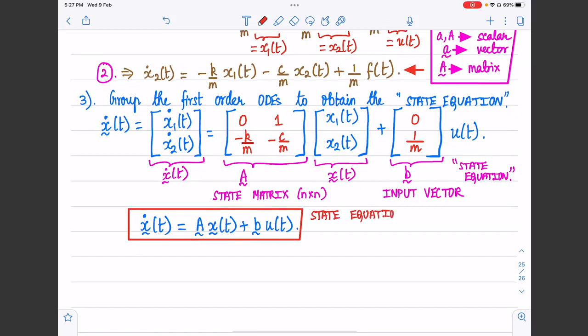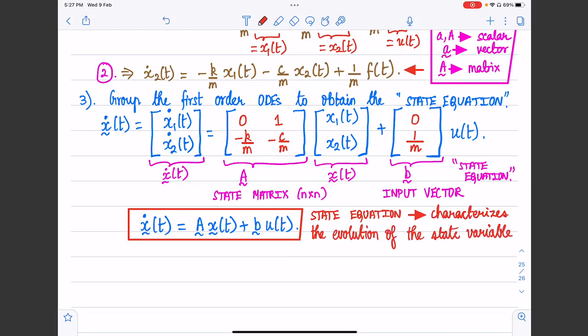And as I mentioned, the state equation essentially characterizes the evolution of the state variable with time, given initial conditions and inputs.